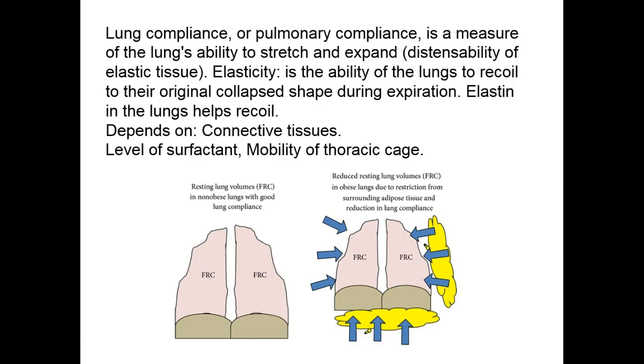But this picture, which does not come from your book, I thought was kind of interesting because it's showing you the effect on compliance of having visceral fat. I'm sure you hear about this all the time, and they talk about how dangerous visceral fat is to our health. What they mean is fat that's packed around the organs.